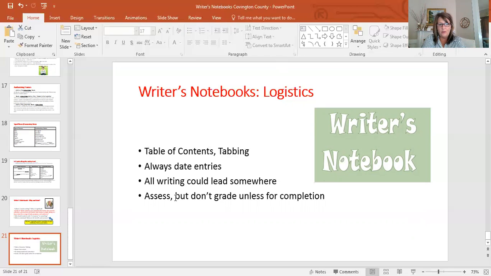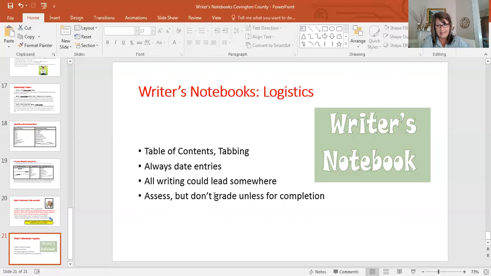And then people will often ask, how do I give this a grade? Well, you need to always assess. So you as the teacher need to keep your eyes on the writing so that you know what your kids need from you, what they need you to teach them, what skills they need. But I wouldn't grade them unless it's for completion.